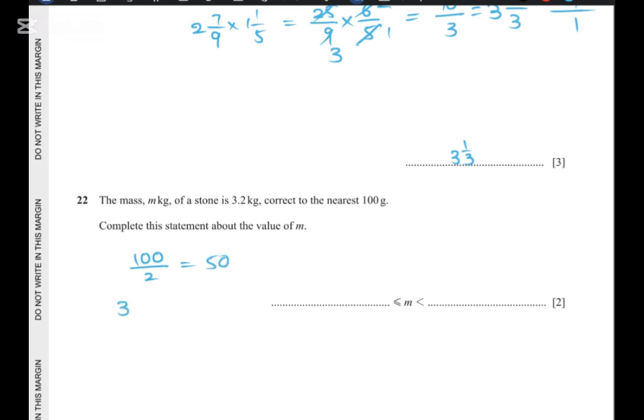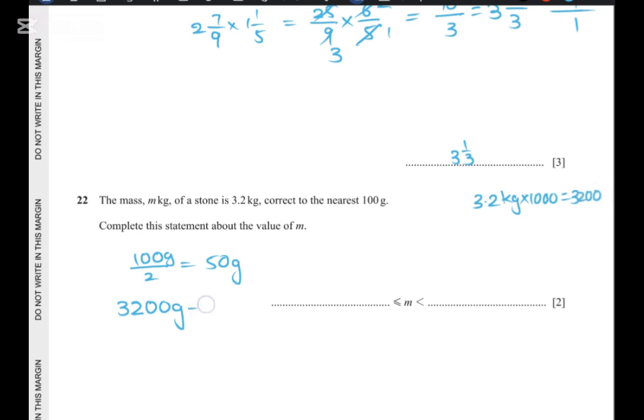3.2 kg can be written as 3200 grams, and 50 will be 50 grams because it is grams given. So I converted 3.2 kg into grams by multiplying by 1000. So I got 3200.